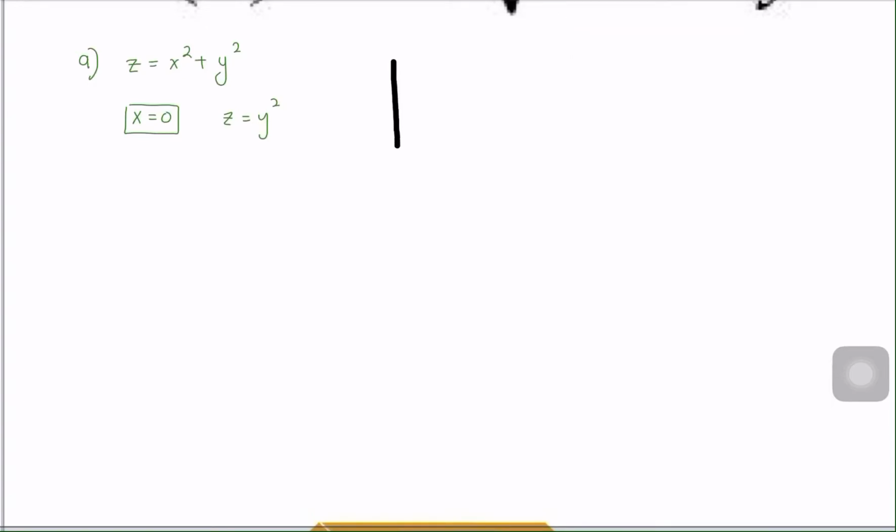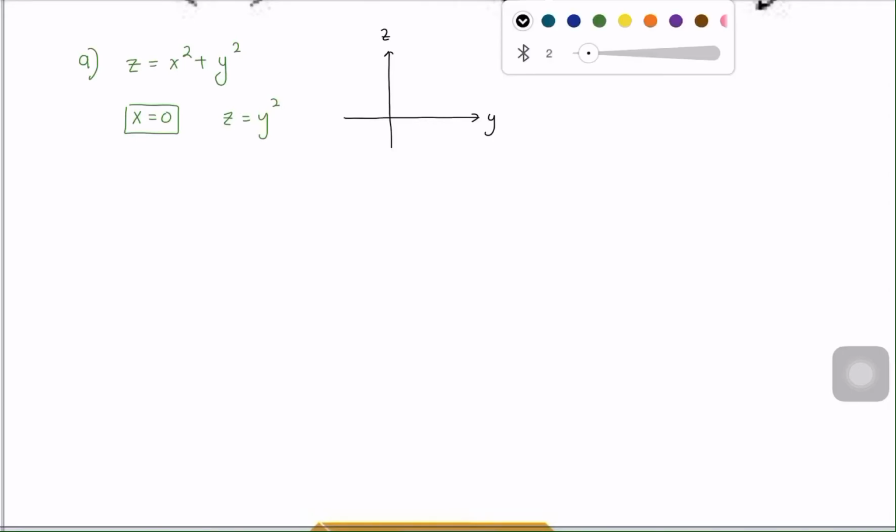It is on the y and z plane. So z equal to y squared, meaning that our graph will be smiling like this, right? So this is z equal to y squared.